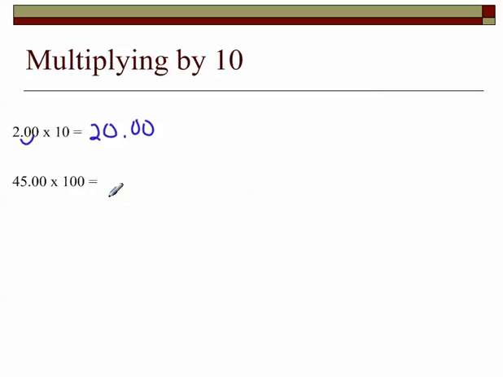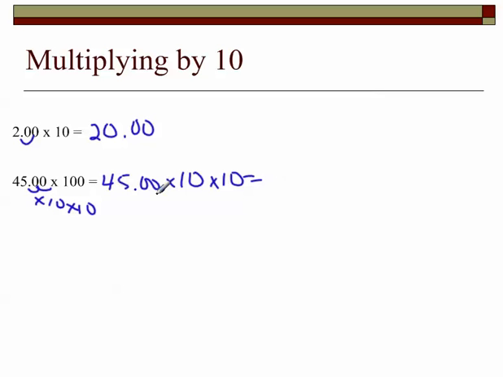So if we wanted to take something like 45 and multiply it by 100, remember, that's the same as 45 times 10 times 10. Well, we can take that decimal, and every time we're going to multiply by 10, we can do a decimal shift to the right. That one shift means times 10, and then the next shift would be another times 10.